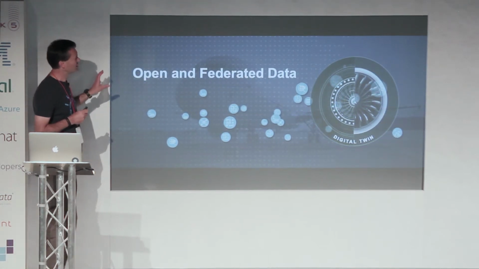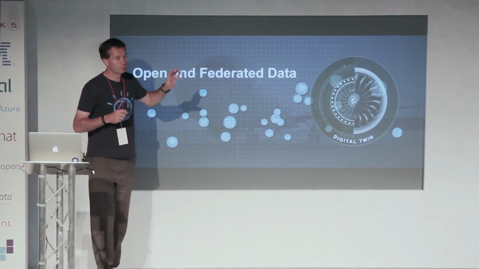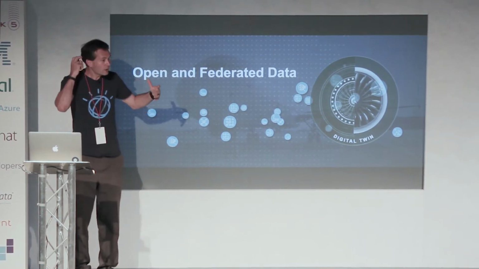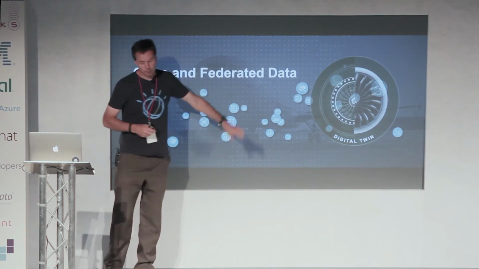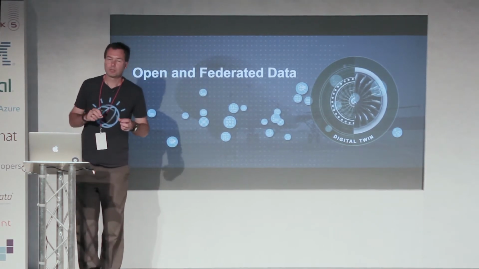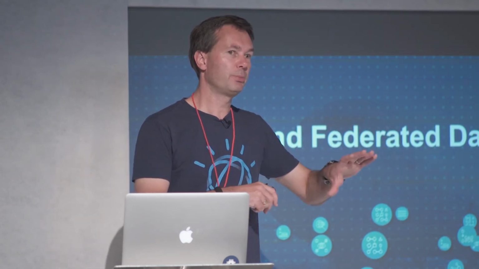Open and federated data. So very important to the digital twin is often bringing in other data from outside the ecosystem, often bringing together multiple data sources into one place, and often other sources of data as well, so things like weather data or historical data, or maybe manufacturers' spec sheets, or the original sheets that came with a particular asset.